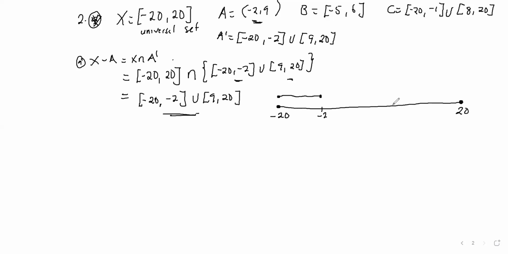And then it jumps, starts from 9 all the way up to 20. So this is what we have on the number line.